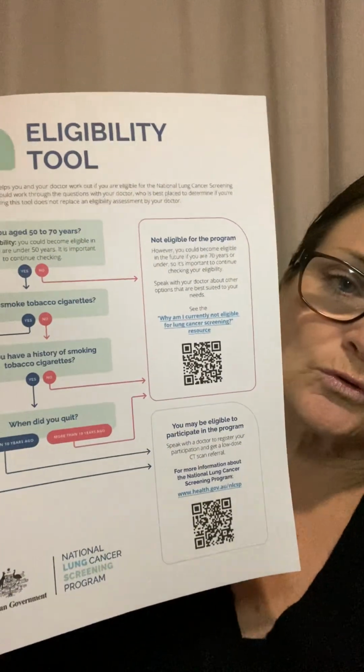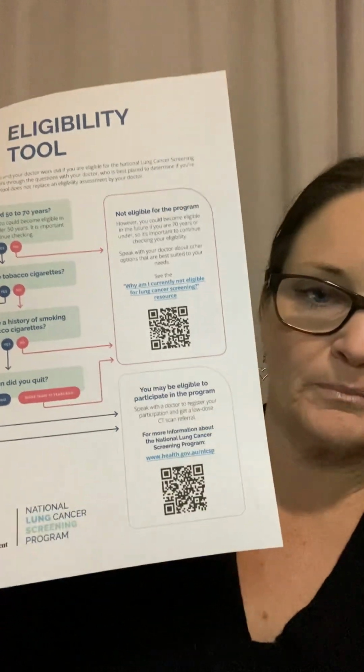And then there are some cool little eligibility tools. You can print them off and then the patients can use the QR code to scan to see whether they're eligible. They can do that in the waiting room. So I think this is really exciting that we've got this now as part of our screening programs. It'll be interesting to see how that all kicks off moving forward.